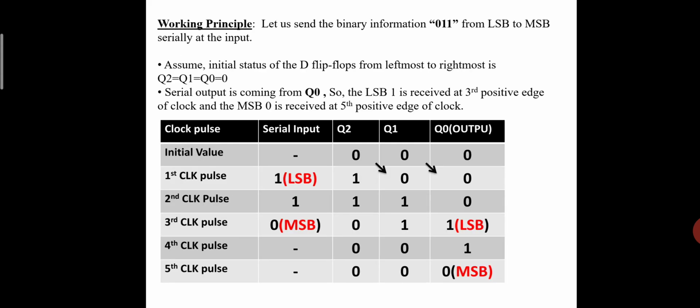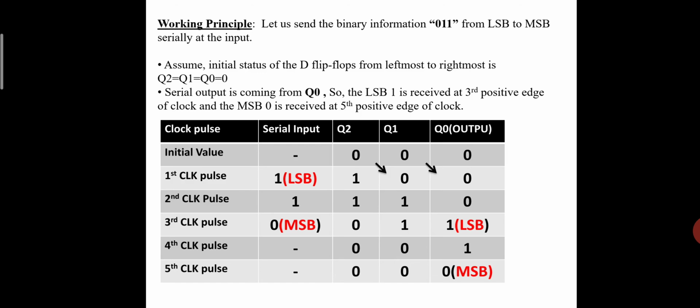Now the working principle of serial in serial out. Take an example. With this truth table we can better understand how the SISO works. 0, 1, 1 is the binary information I am going to feed to the serial in serial out shift register. From LSB to MSB, serially at the input, we put all this 3-bit information into the SISO shift register.